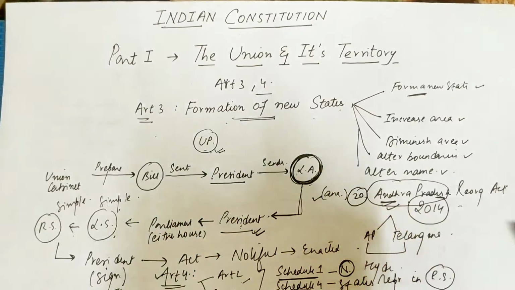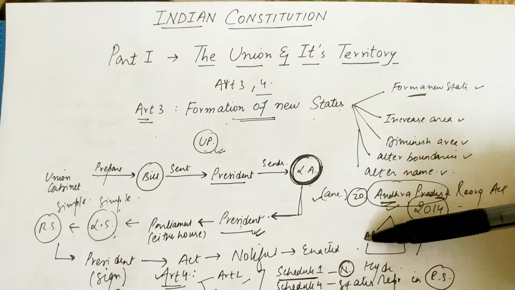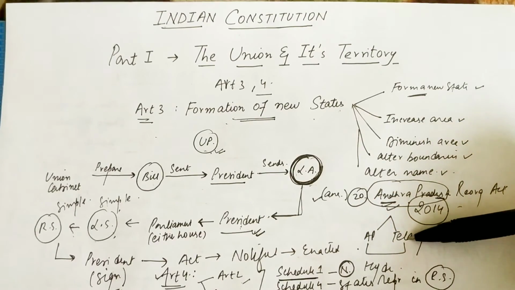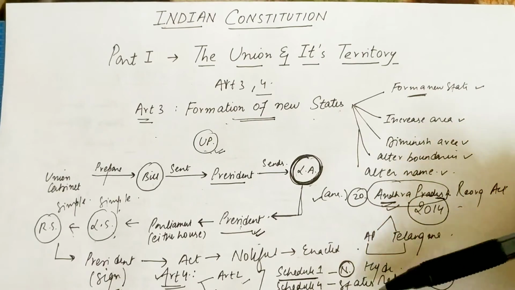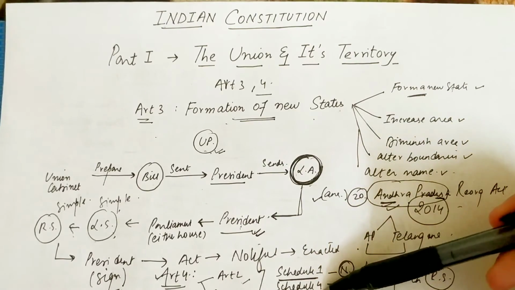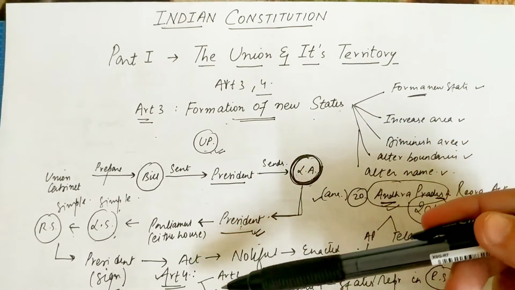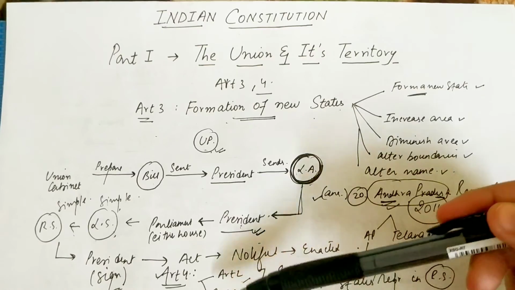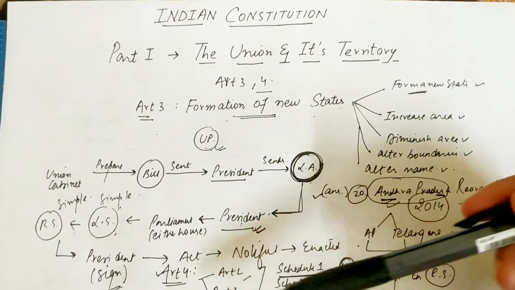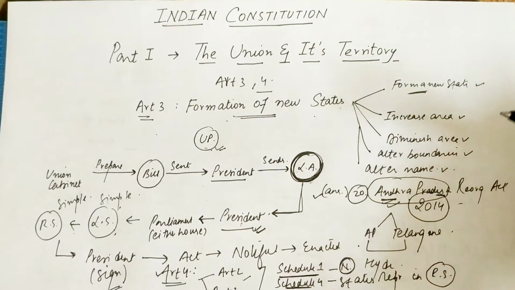But since it is divided now, some members would be given to Andhra Pradesh and some to Telangana. The state's representation in Rajya Sabha is given in Schedule 4. Since this has to be updated as well, when a law is made under Article 2 and Article 3, automatically Schedule 1 and Schedule 4 have to be amended.